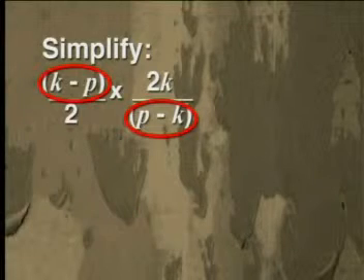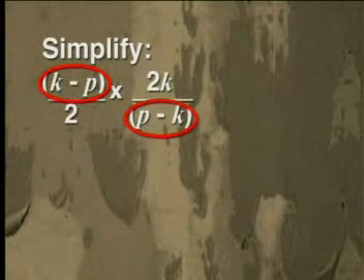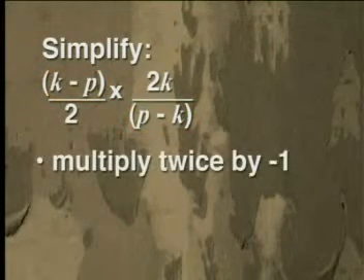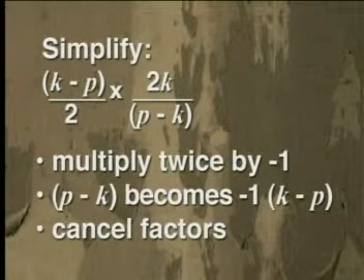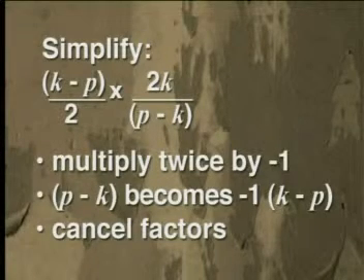We need to try to make the brackets the same. Remember, we have learned how to deal with this. It involves changing the sign. So, for changing of the sign, we have to multiply twice by minus 1. p minus k becomes minus 1 multiplied by k minus p. And then we can cancel factors.